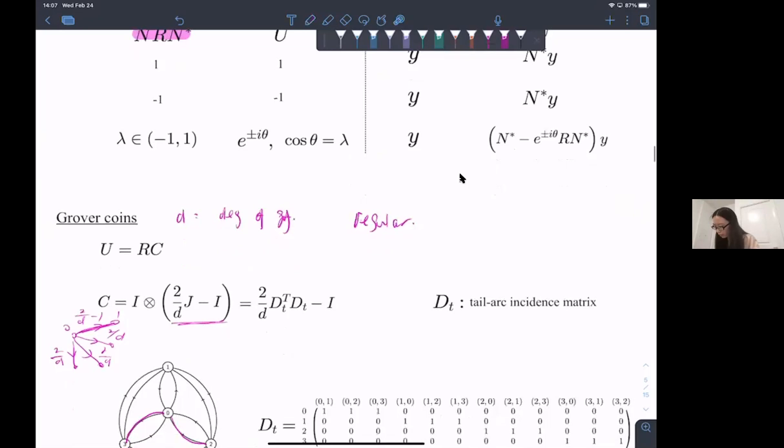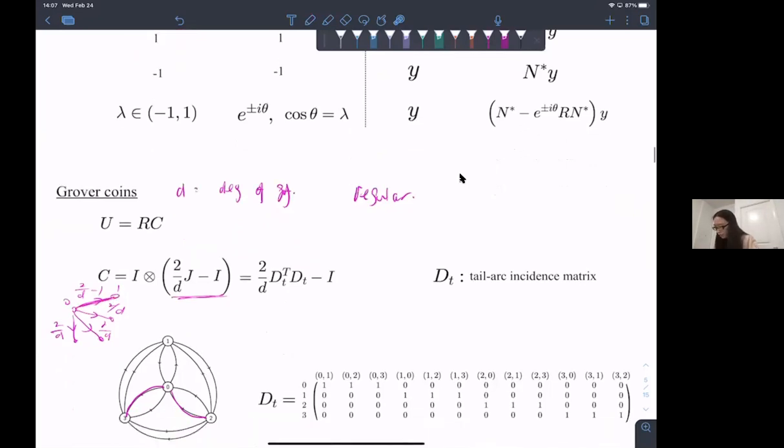So the Grover coin is quite symmetric. It doesn't care which arc you move to, as long as you leave the original arc, it always assigns 2 over d to that arc. And if you stay in the original arc, it assigns 2 over d minus 1. Now, this coin matrix is a reflection, and we can find the projection onto the column space in this way. So it's really a reflection about vectors that are constant on the outgoing arcs of the same vertex, or the column space of the arc tail incidence matrix.